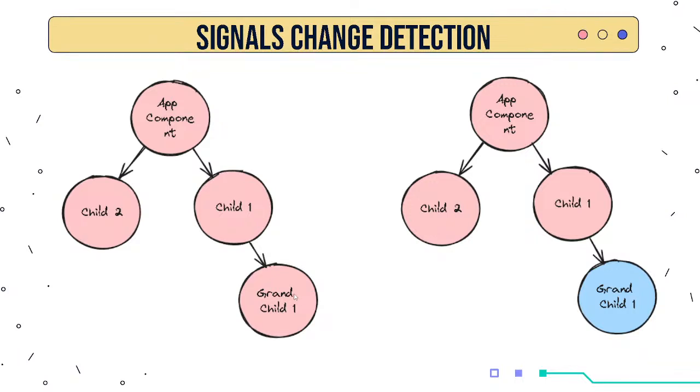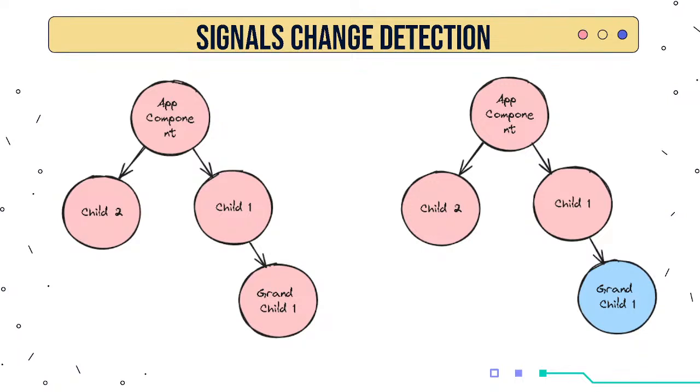Now we have the same example where some change detection gets triggered on the grandchild. When you use signals, at that time there is a local change detection. What is this local change detection?